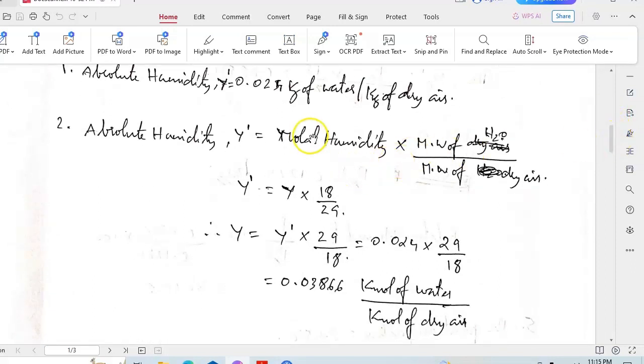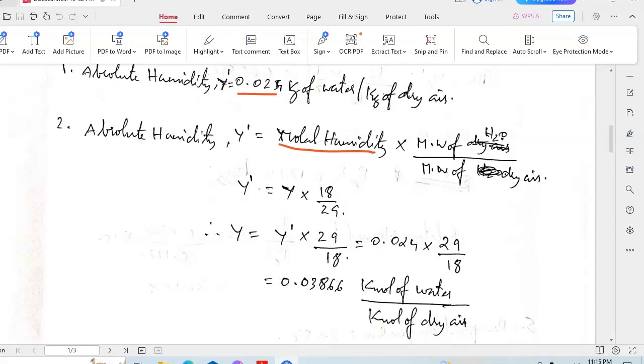Then moving to the second question, molar humidity. Molar humidity means moles of water per mole of dry air. So Y dash, the absolute humidity, is equal to Y into molecular weight of water by molecular weight of dry air. Y dash is our absolute humidity, and we already know its value. Y dash is equal to Y into 18 by 29.